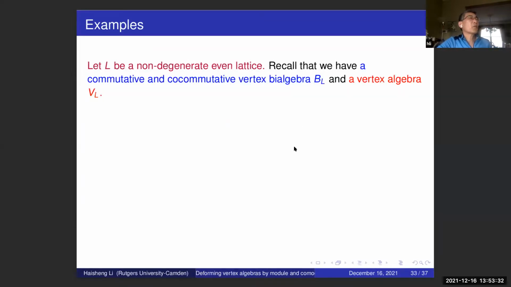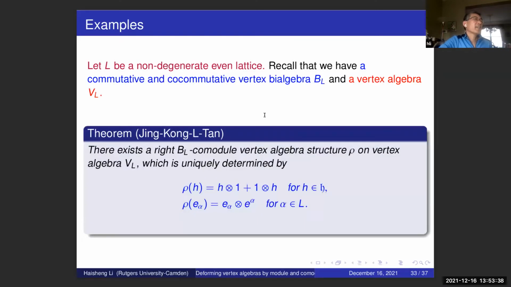Okay, and the example quickly, a few minutes. Go back to the lattice, we know that already. We have two things on V_L. On one hand, we have V_L as a vertex bialgebra, commutative and co-commutative, no problem. V_L is a vertex algebra, and that's the comodule.